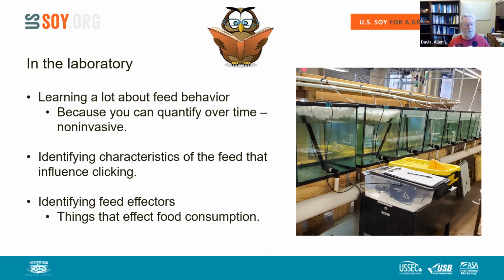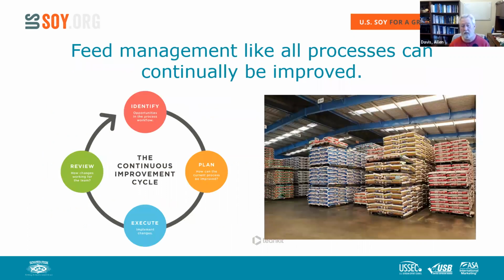And so this is allowing us to look at feed effectors, things that are going to affect food consumption, whether it's because of attractability, palatability, but bottom line is the animals are grabbing that food and doing better, eating it faster, which to me makes sense for leaching and other things. Now, to me, we can apply this into our daily management of our farms.